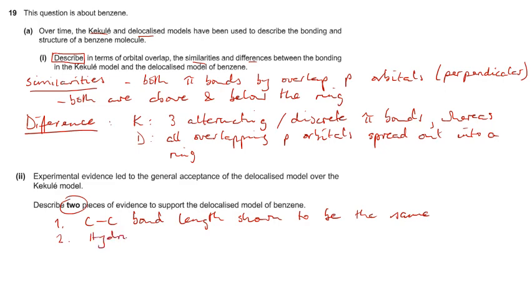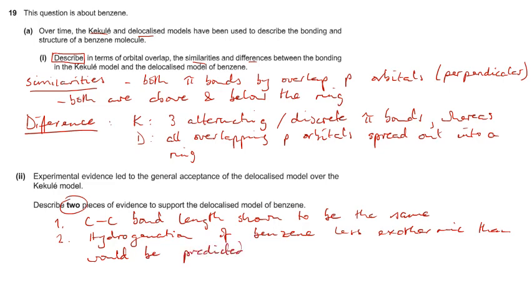So the hydrogenation of benzene turns out to be less exothermic than would be predicted, right, by the hydrogenation of 3 double bonds, of 3 pi bonds.